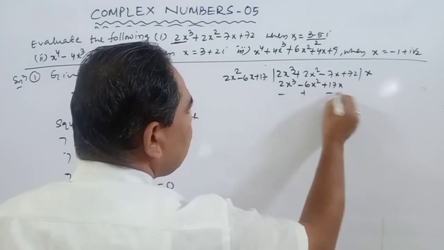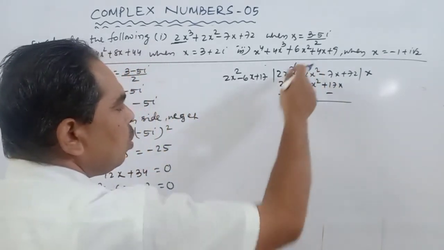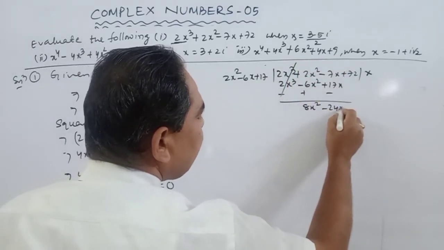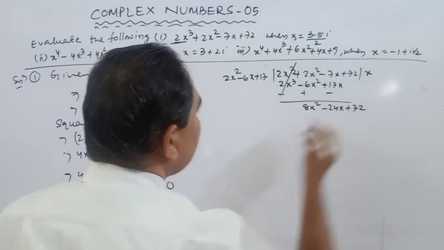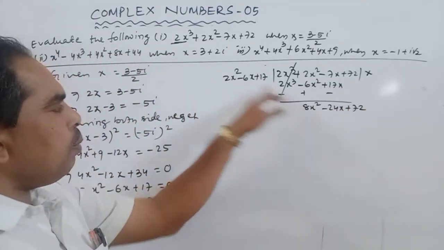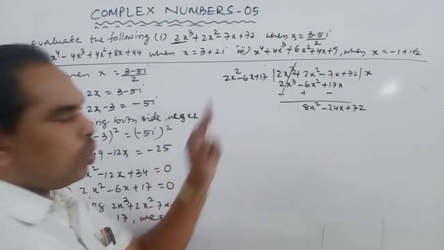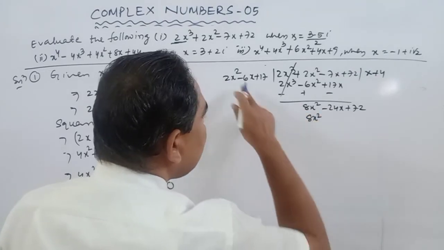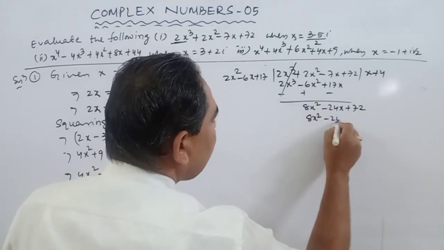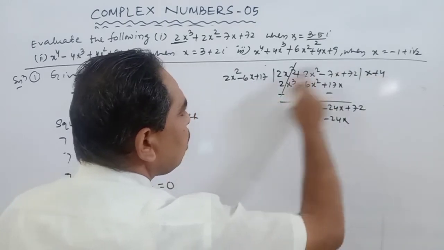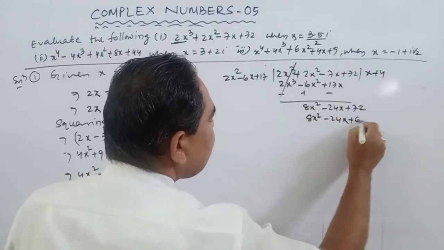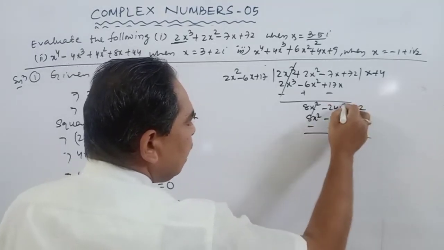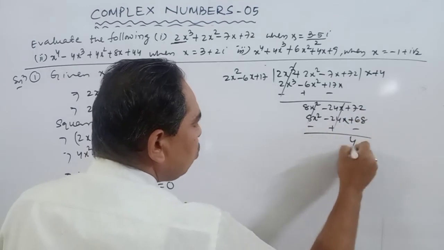So minus plus minus cancel, so this is 8x square minus 24x plus 72. Next 8x square divided by 2x square is 4, so plus 4 here. This is 8x square minus 24x plus 68. So minus plus minus cancel, 72 minus 68 means 4.